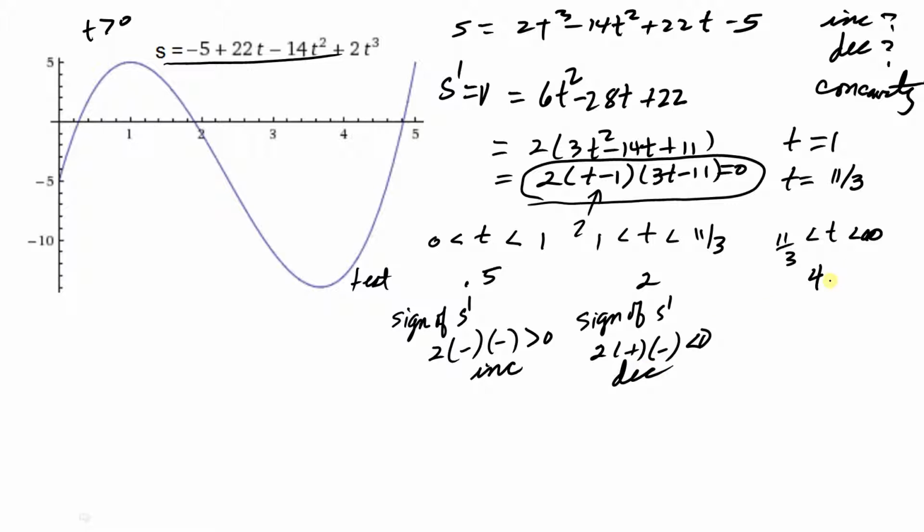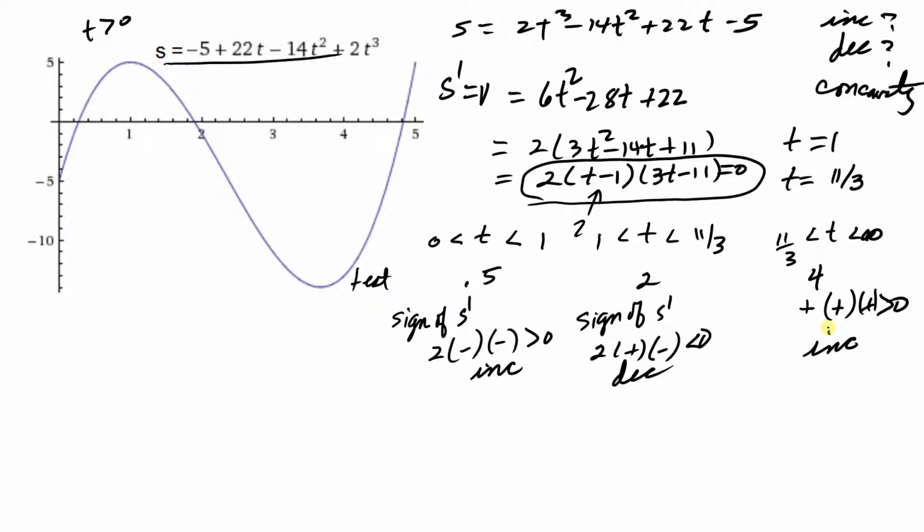Finally, we plug in 4, and we get a plus for the 2, another plus, and another plus. So it's more than 0, so it's increasing.